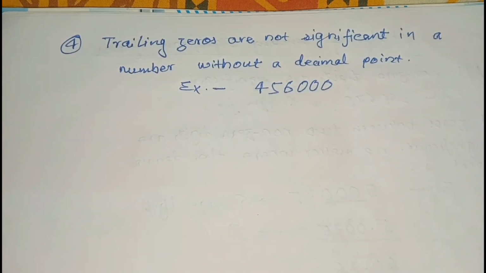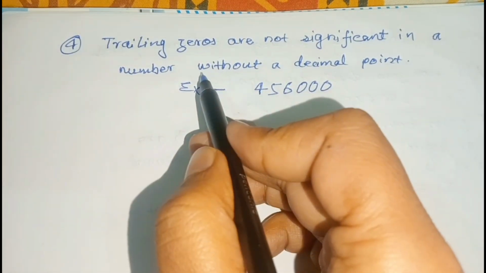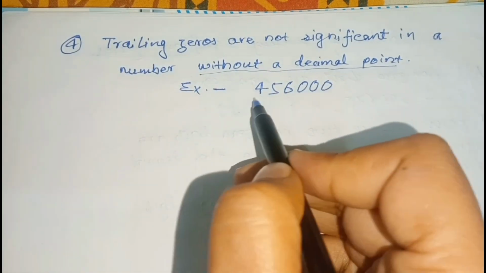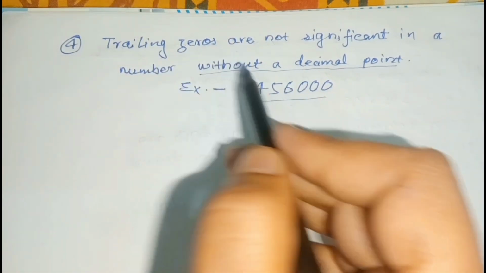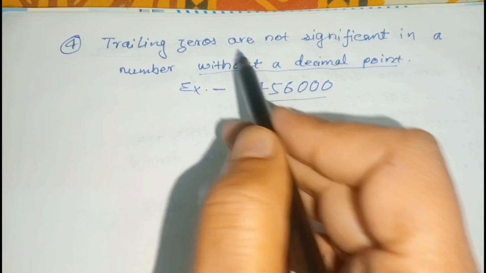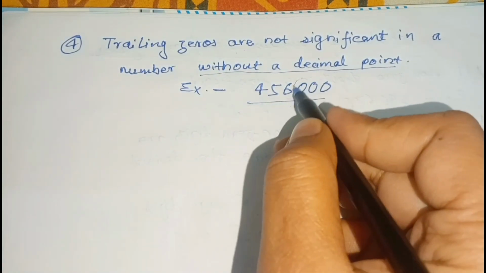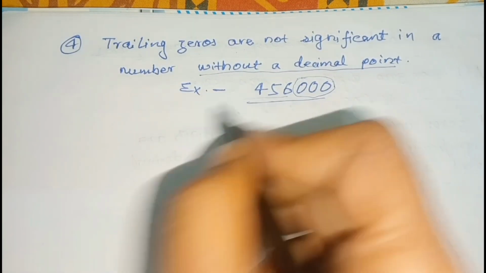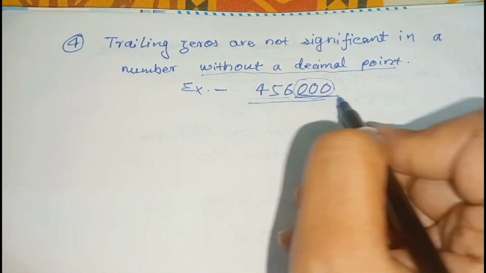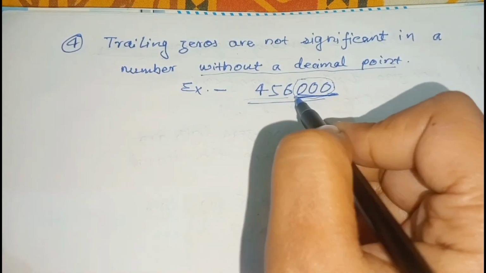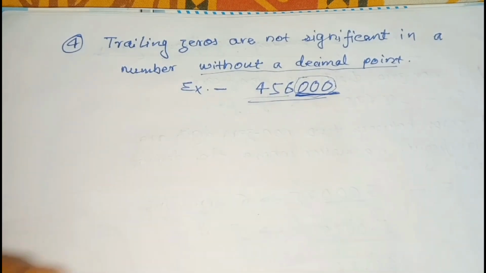This is a number without a decimal point. Trailing means terminal, last. The zeros at the end of the non-zero digits are called trailing zeros. These three are trailing zeros. The trailing zeros will not be significant.